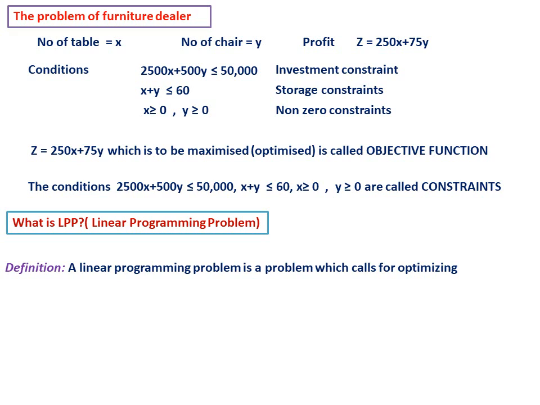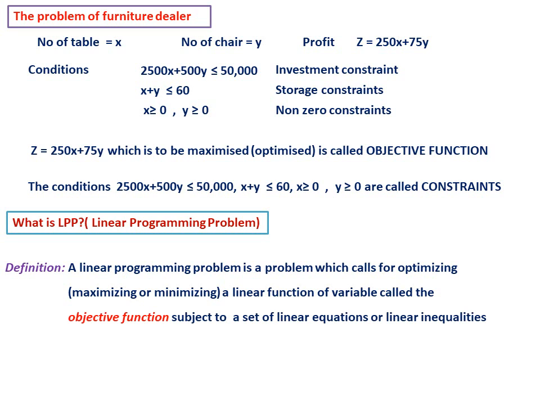A linear programming problem is a problem which calls for optimizing, meaning maximizing or minimizing, a linear function of variables called the objective function, subject to a set of linear equations or linear inequalities. They are called the constraints. So this is the definition.